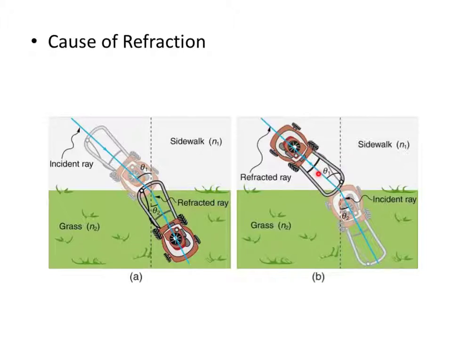So this is typical of light when it goes from a medium where it goes faster to where it goes slower. It tends to bend this way. This is called the normal. We saw that before. So it bends toward the normal when it's going into a medium where it's traveling slower. When light goes to a medium where it's traveling faster, what happens? Well, it bends away from the normal.